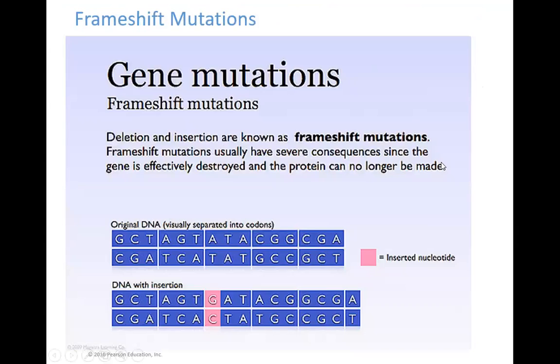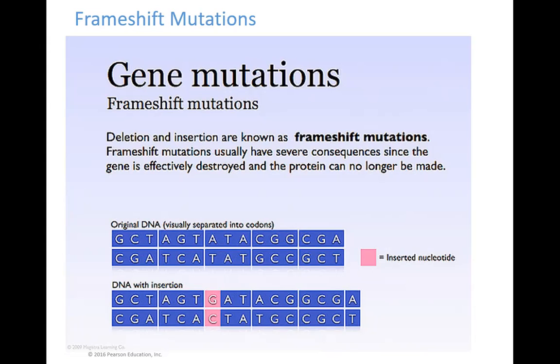Okay. Now, another type of mutation that's even worse than the substitution is what we call a frame shift mutation. This occurs when the DNA strands shift. They don't line up properly anymore. And we actually insert an extra nucleotide. So if you look at the top row, you can see the DNA strand broken out into its codons.